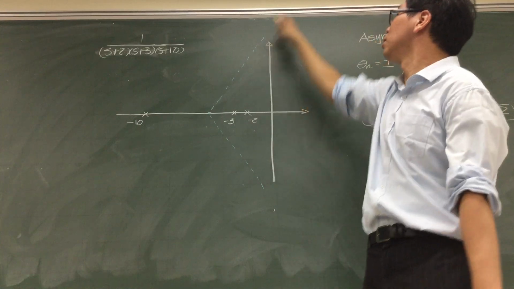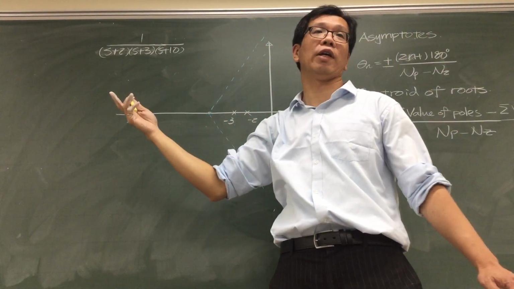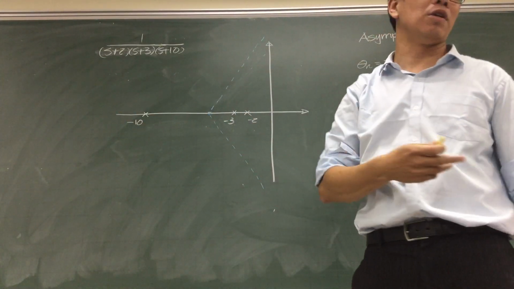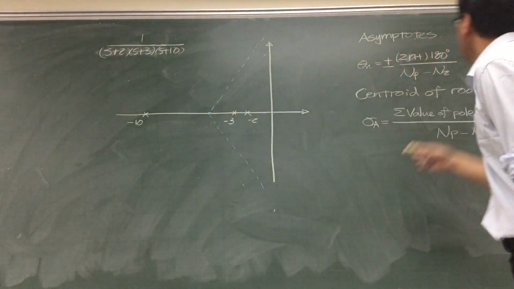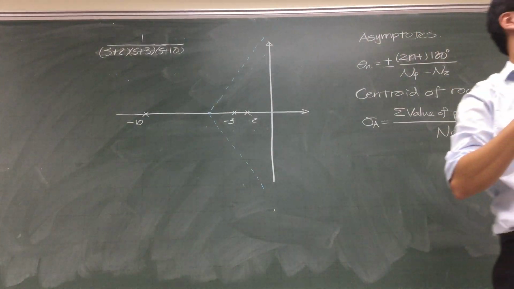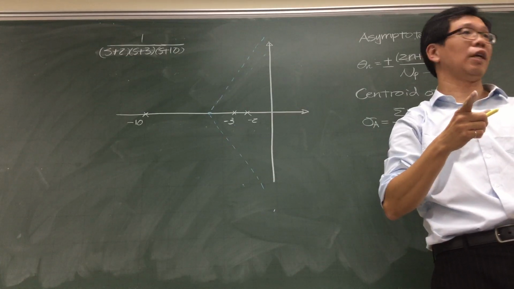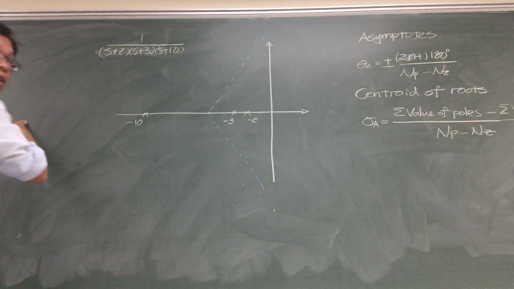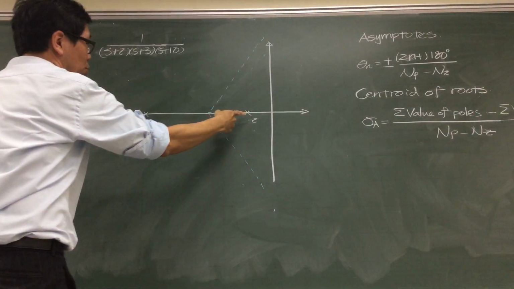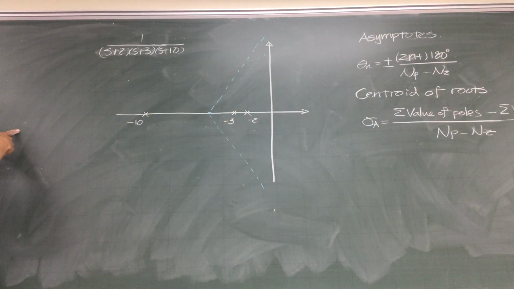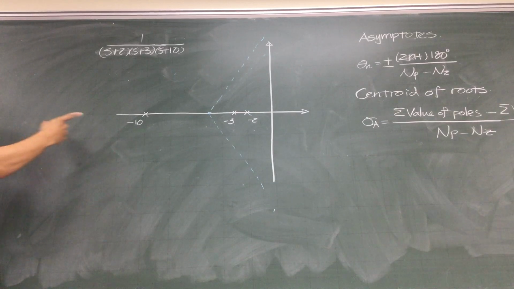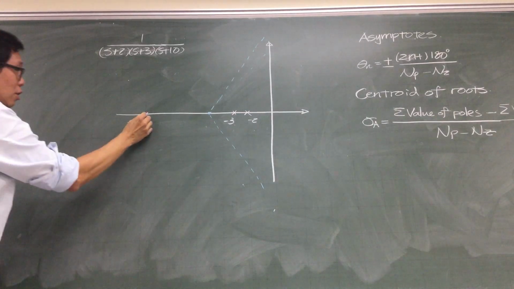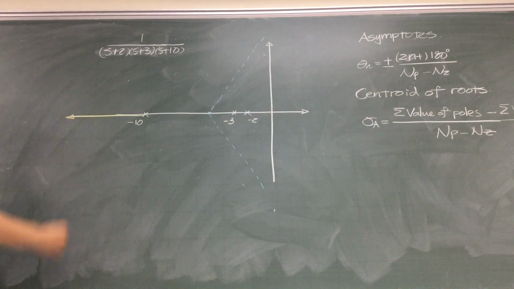All the poles go in this direction and this direction and never end. And the other rule is, when I start to draw asymptotes, can they intersect with each other? No, you can't. So what are you going to do? Are you going to have this one point to infinity? No. Are you going to have -2 point to infinity? No. Which one must go to infinity? The -10 one, right? So we know this one is going to be this one.